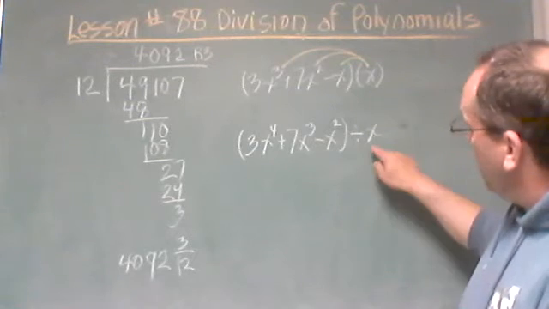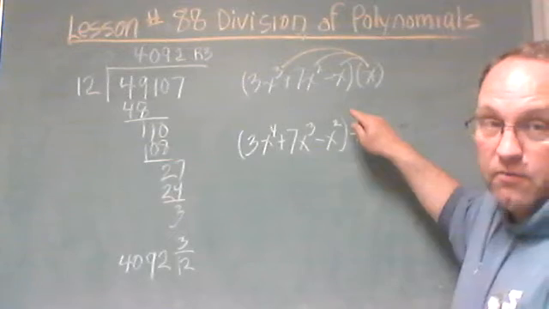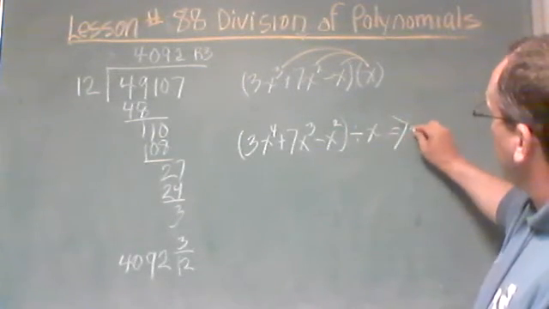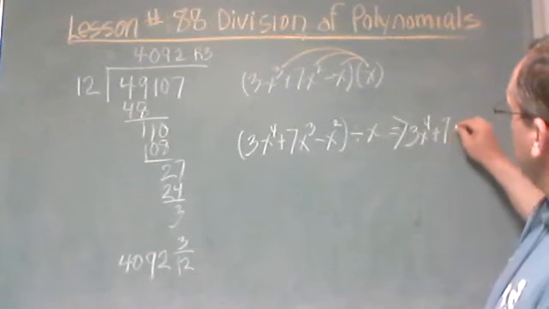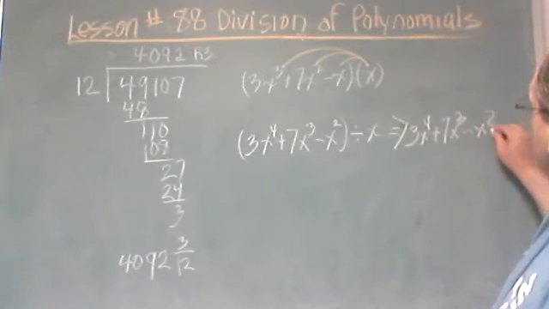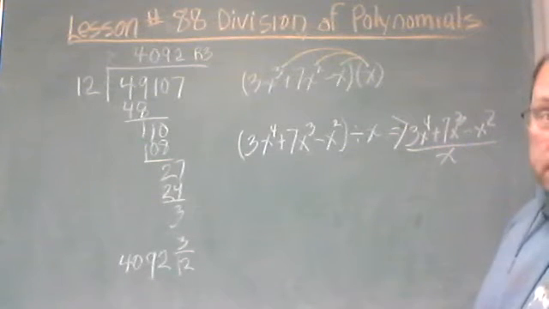Now, when there's just a monomial, and we're not dividing by polynomials right now, we'll get there, this can also be expressed as 3x to the 4th plus 7x to the 3rd minus x squared, everything divided by x.